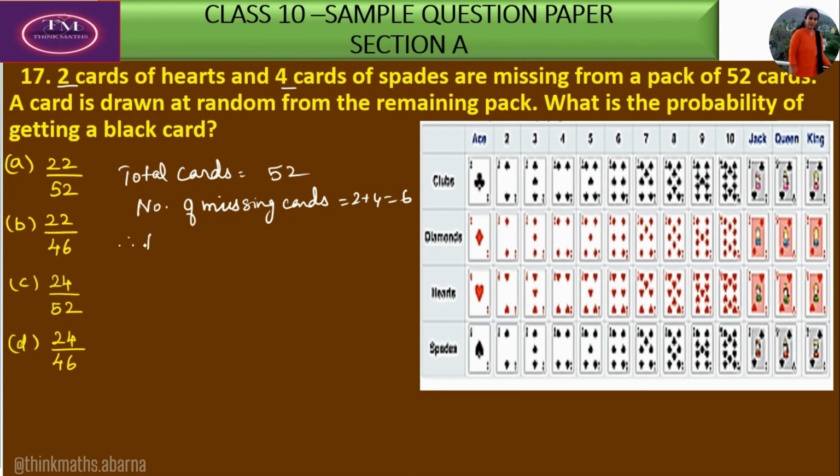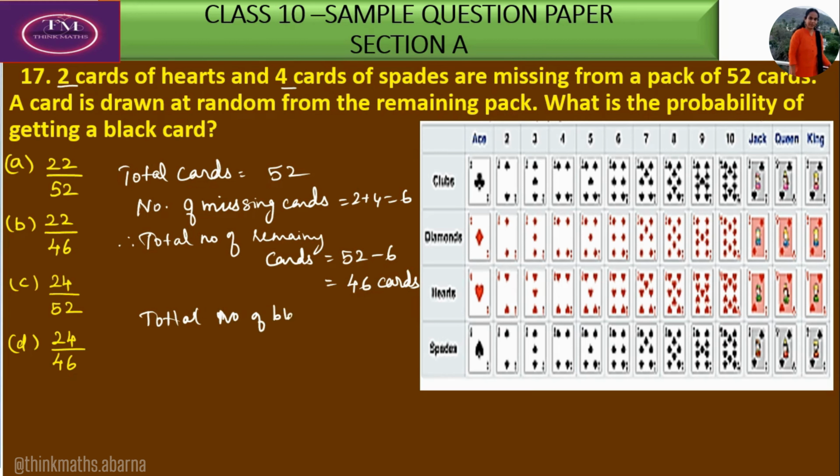Therefore, total number of remaining cards is 52 minus 6, which is 46. Now we have only 46 cards. In these 46 cards, you have to take a black card. So what is the probability of a black card? Total number of black cards.